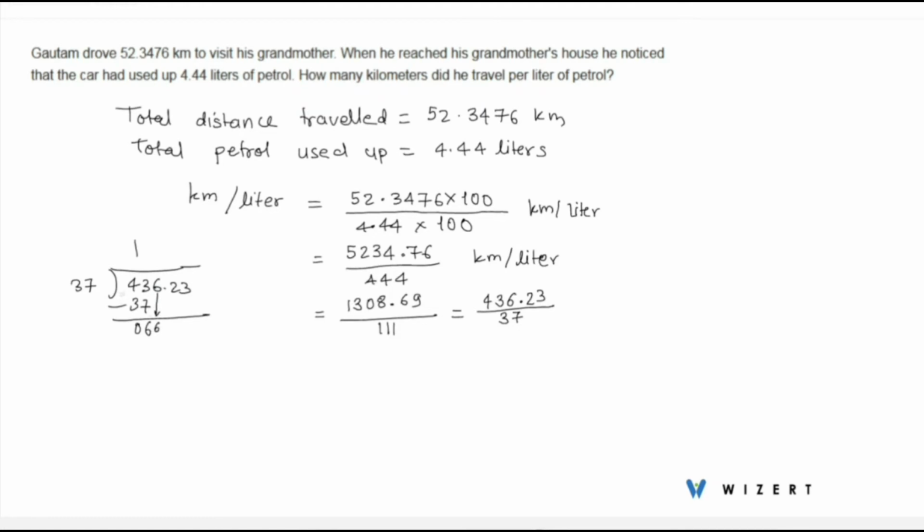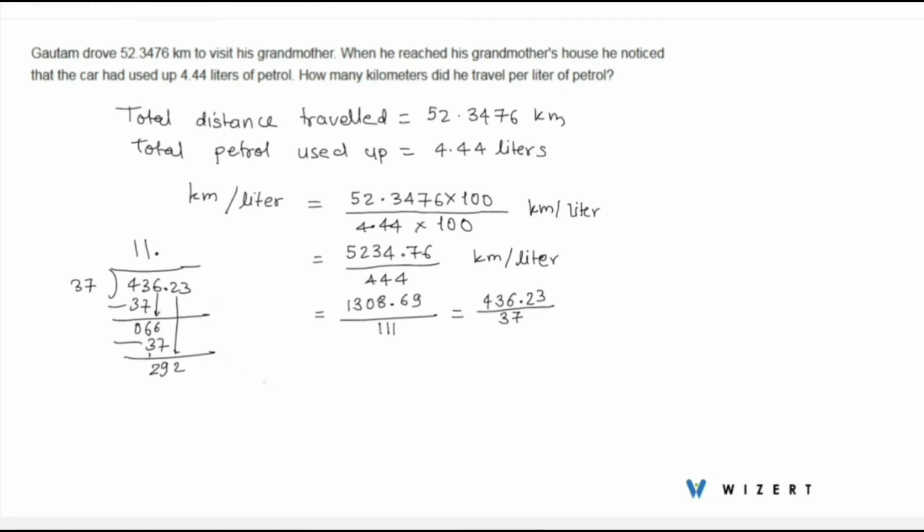Now 37 twos are 74, so again 37 ones are 37. 16 minus 7 is 9 and 6 minus 4 is 2. So we have 29 here. 2 will come down here and this decimal point will go in here on the quotient.